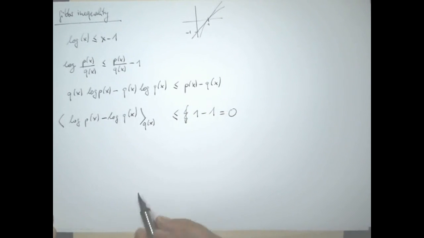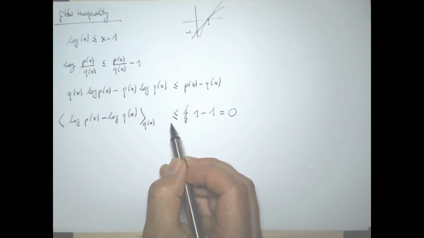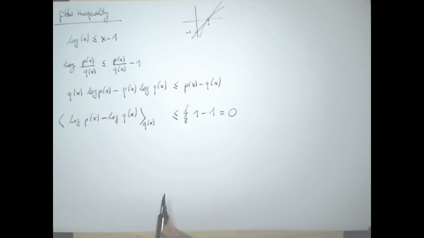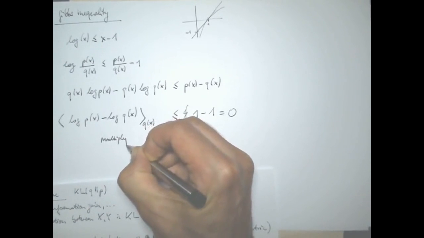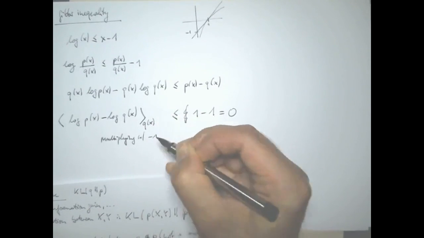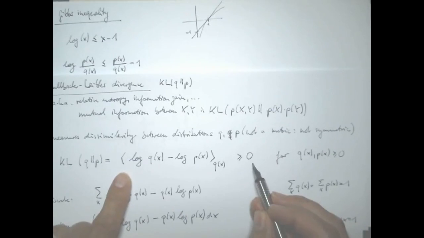And if I now multiply by minus 1, I get a minus here, a plus here, a greater than or equal 0, and that amounts to the Gibbs inequality. So multiplying with minus 1 on both sides then gives this thing here, the fact that the Kullback-Leibler distance or divergence is always non-negative.